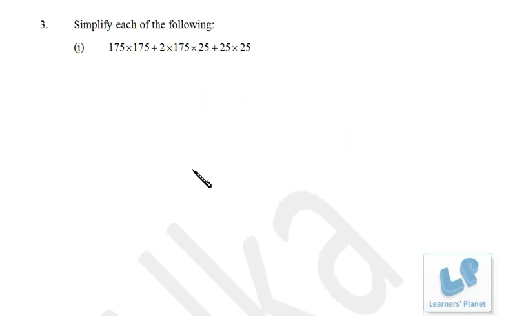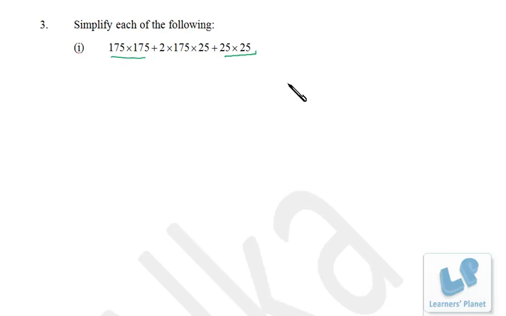Now we have to simplify this expression and more such expressions. Before you start multiplying 175 by 175 and the other terms as well, observe the pattern carefully. Here it is 175 square, here it is 25 square, and here it is 2 times 175 into 25, right?